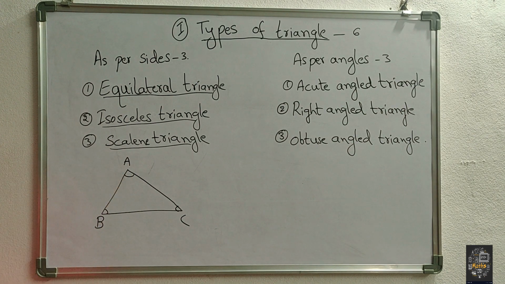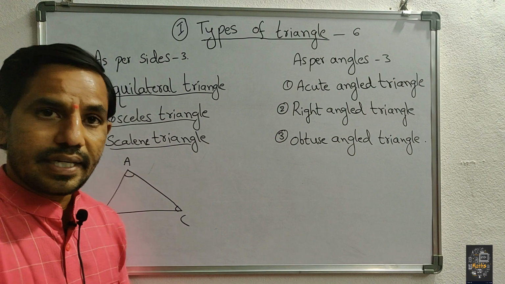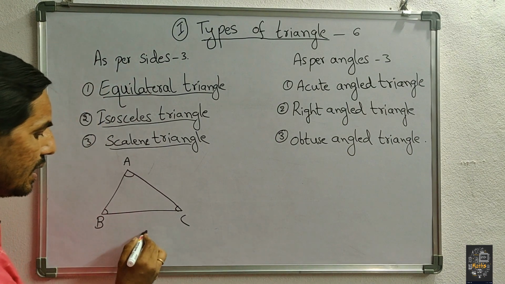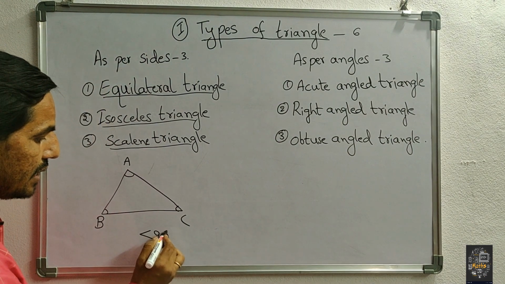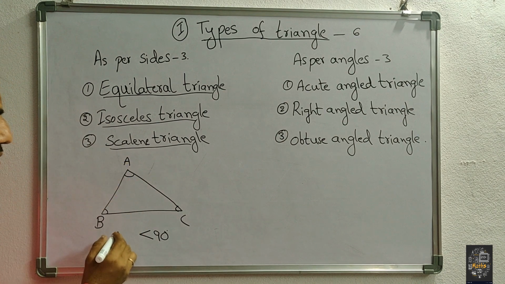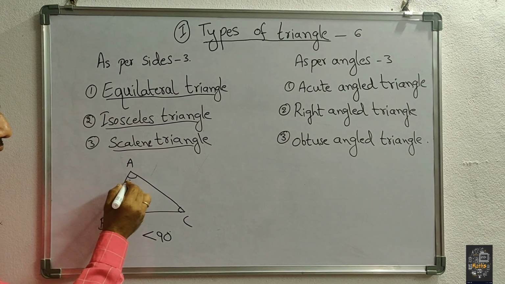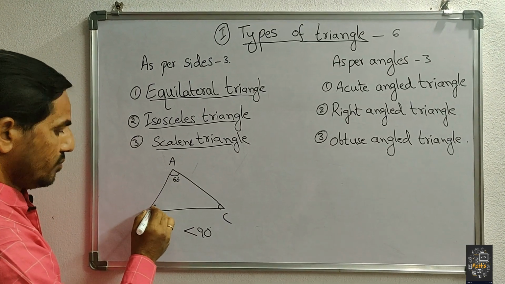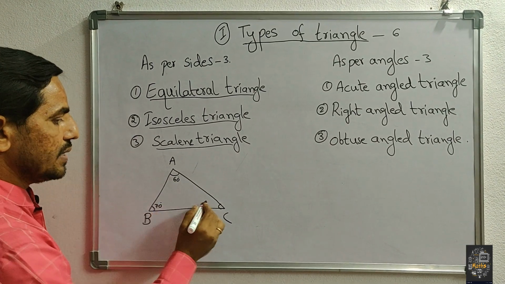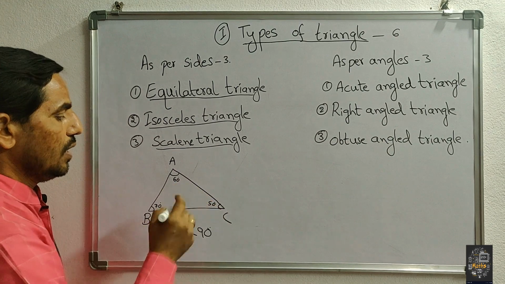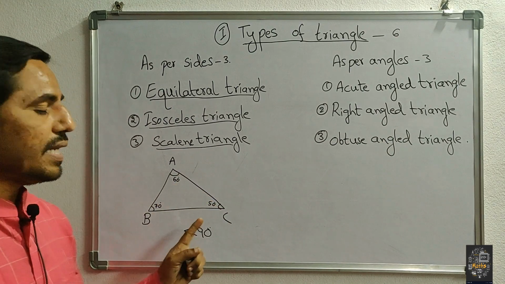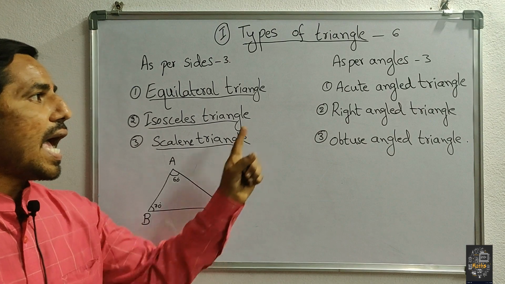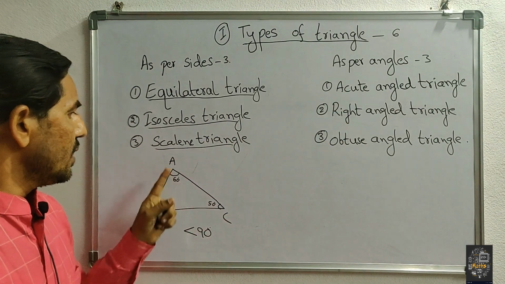Each angle must be less than 90 degrees. For example, I am taking this is 60 degree, this is 70 degree and this is 50 degree. So each one here is less than 90 degrees. That is an acute angled triangle.